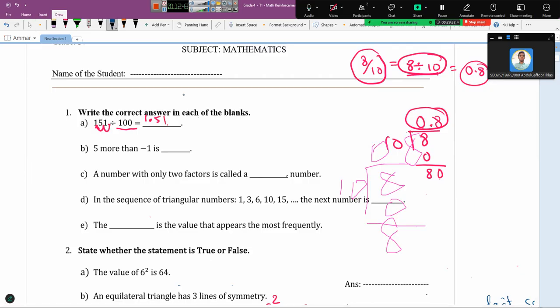Again, if you want to divide 151 by 1000, what would be the answer? What would be the answer for this sum?